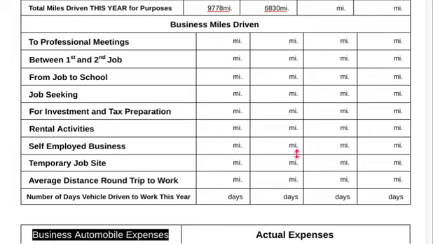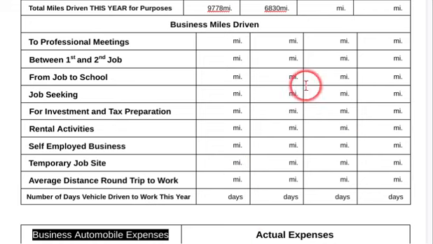So to professional meetings, between first and second job seeking, for investment and tax preparation, rental activities, self-employment business, temporary job site, average distance round trip to work, number of days driven to work this year. So you're gonna put each box here as accurately as possible.